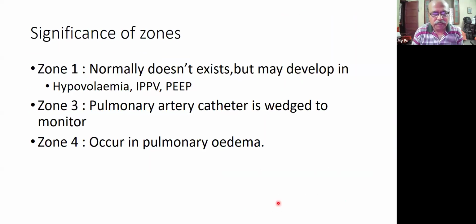Now, what is the significance of these zones? Zone 1, as I said, normally doesn't exist, but it develops during hypovolemia, IPPV with PEEP. In zone 3, we take the pulmonary catheter wedge pressure. Zone 4 occurs only during pulmonary edema.